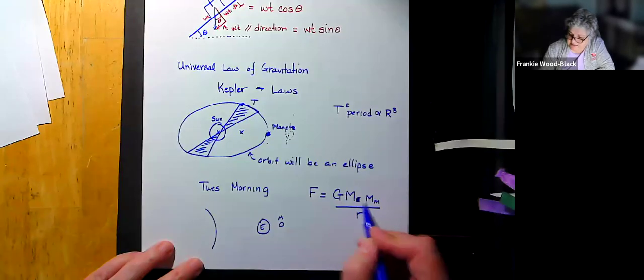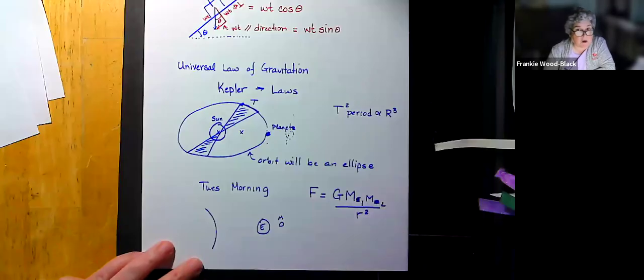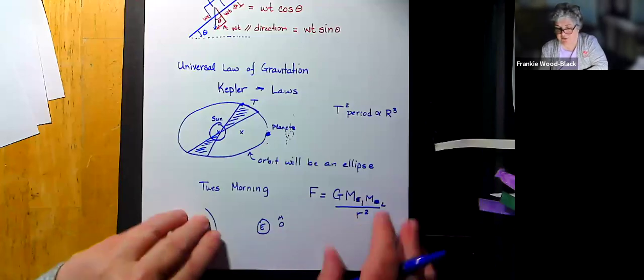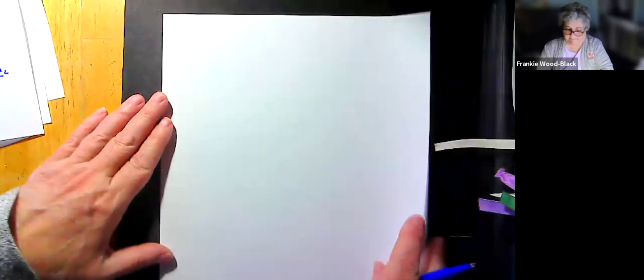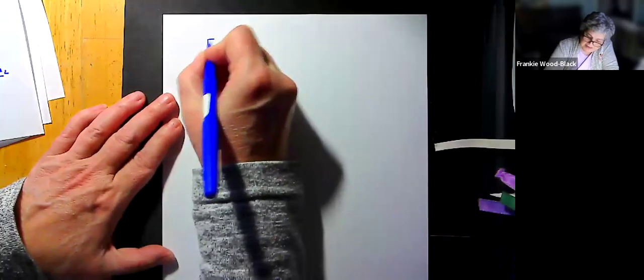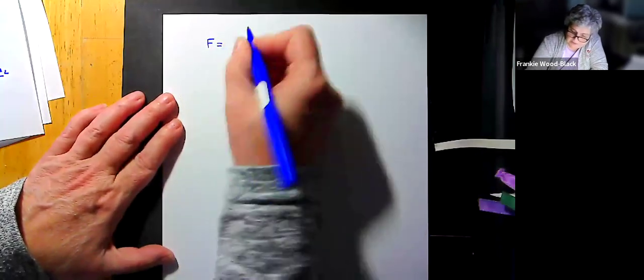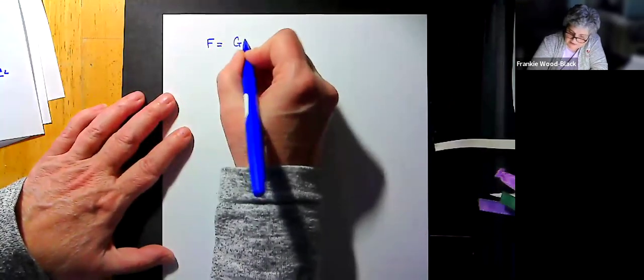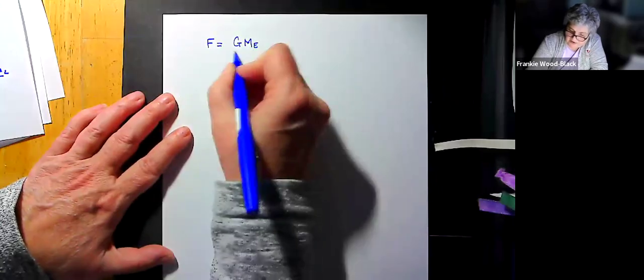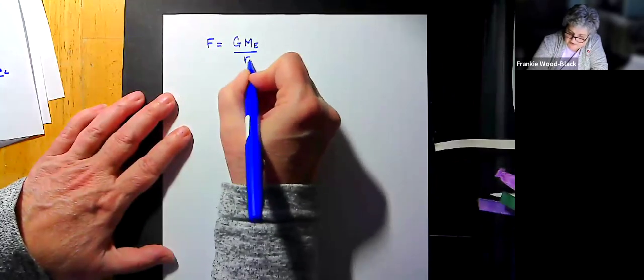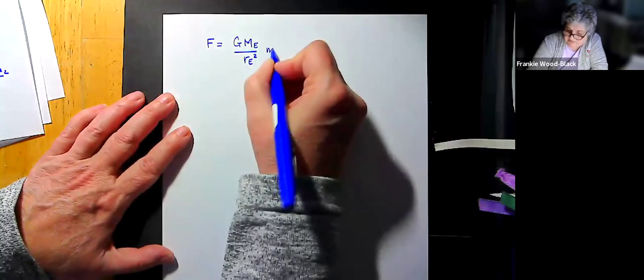But now we write this as mass 1 and mass 2 because you can even show it with bowling balls. Bowling balls will actually show this behavior. But if I write this for the Earth-Moon system, I get the force is equal to gravitation, mass of the Earth, over radius of the Earth squared, times whatever object.